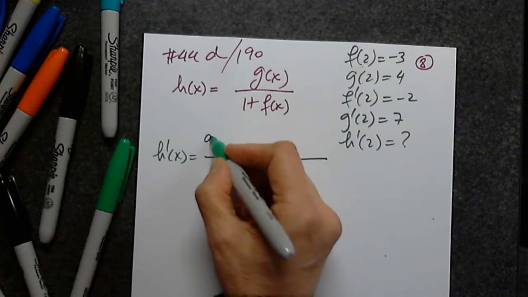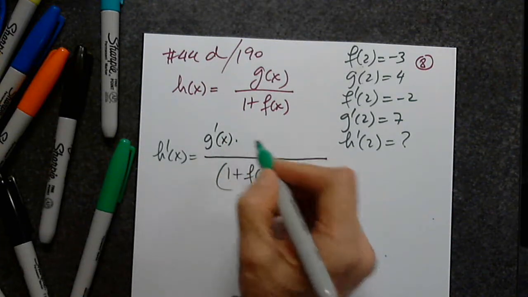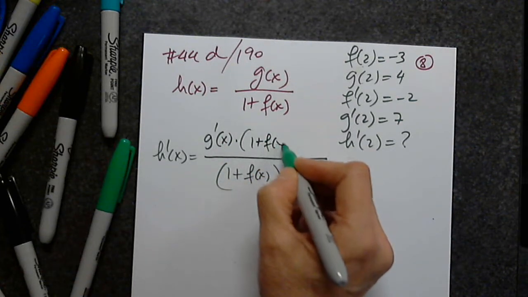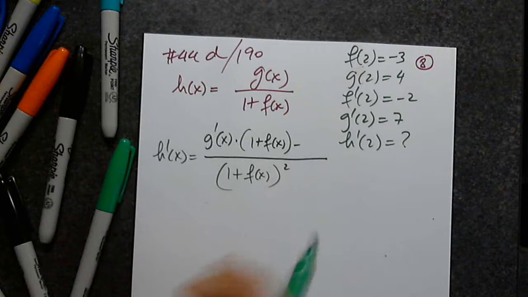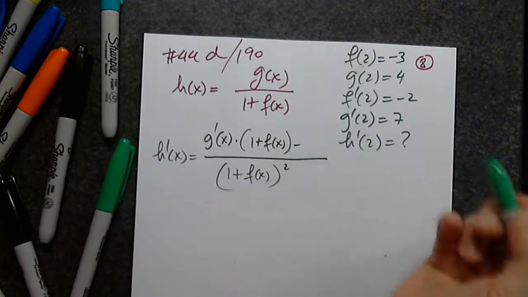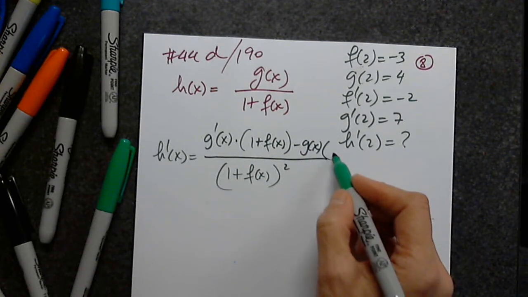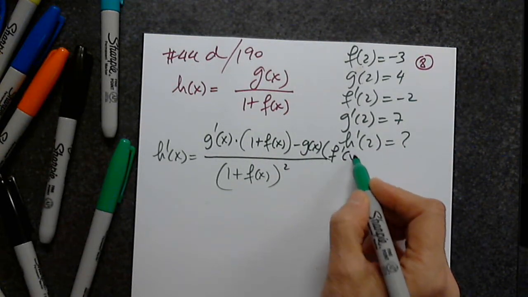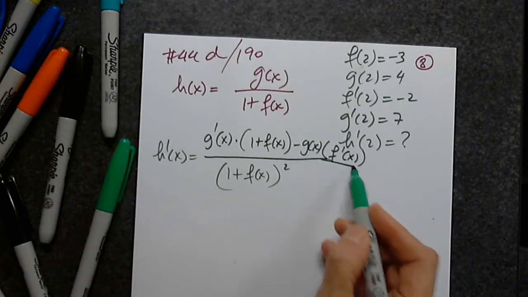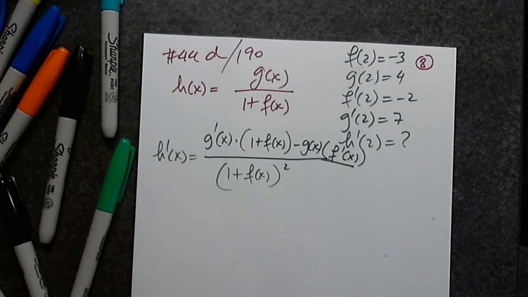I would write g prime of x multiplied by 1 plus f of x, minus g of x times, in parentheses, f prime of x. Why? Because 1 prime is 0.